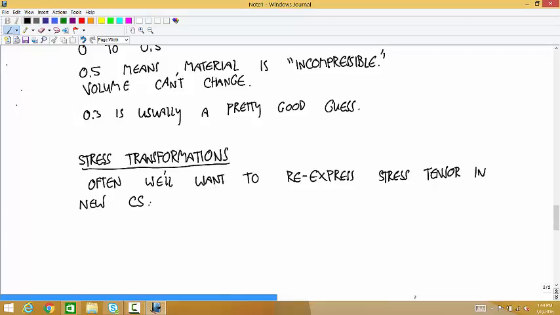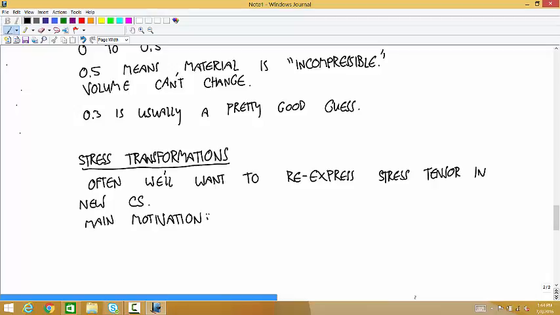The main reason that we're going to want to do that is, here's the main motivation for that. For any state of stress, there is a coordinate system where, so you load a material, whatever forces are applied to it, and you choose a point in the material, and you calculate the stress at that point.